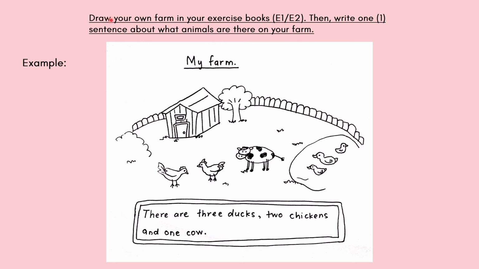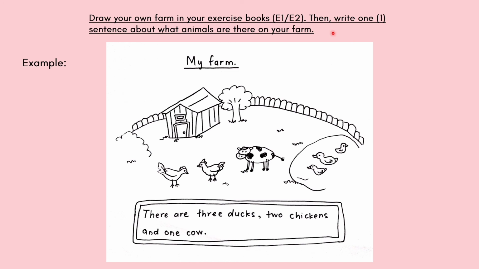Okay, I want you to draw your own farm. Okay, imagine that you have your own farm. And I want you to draw it in your exercise books, okay, in your E1 or E2. Draw your own farm, like this one. Look what I drew. This is my farm, right? I know you can draw better than this.